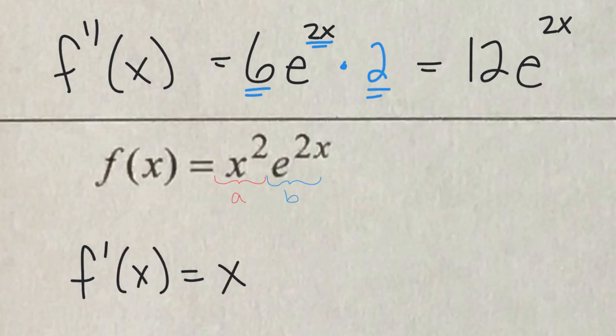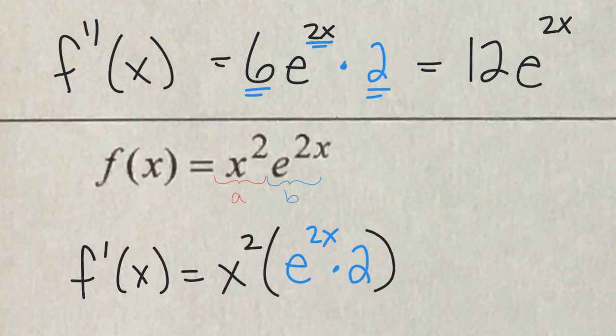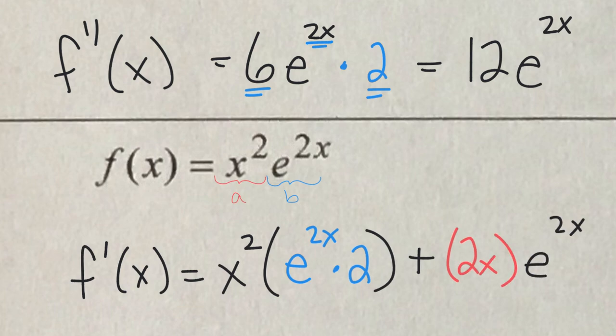It goes the first times the derivative of the second, right, which is e to the 2x, so itself times the derivative of the power, which is 2, plus the derivative of x squared is 2x times e to the 2x.